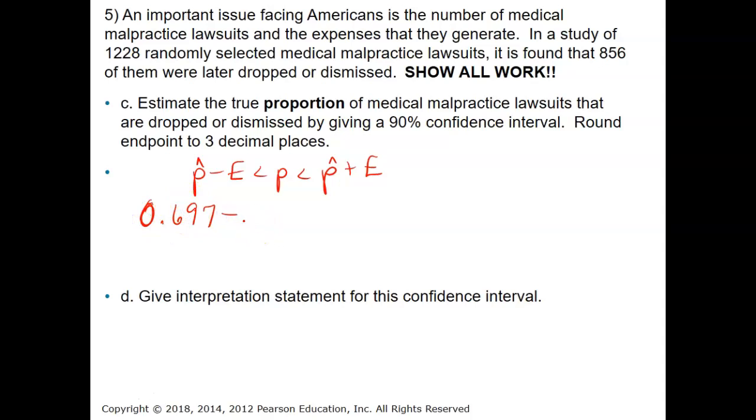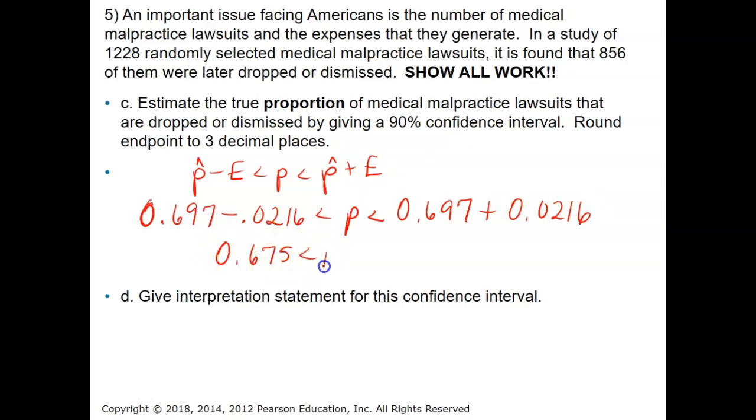We're going to subtract from that the margin of error that we just calculated. Remember that we don't put anything substitute in the middle here, and then we'll add for the endpoint here. Okay. So here we'll have 0.675 and 0.719.